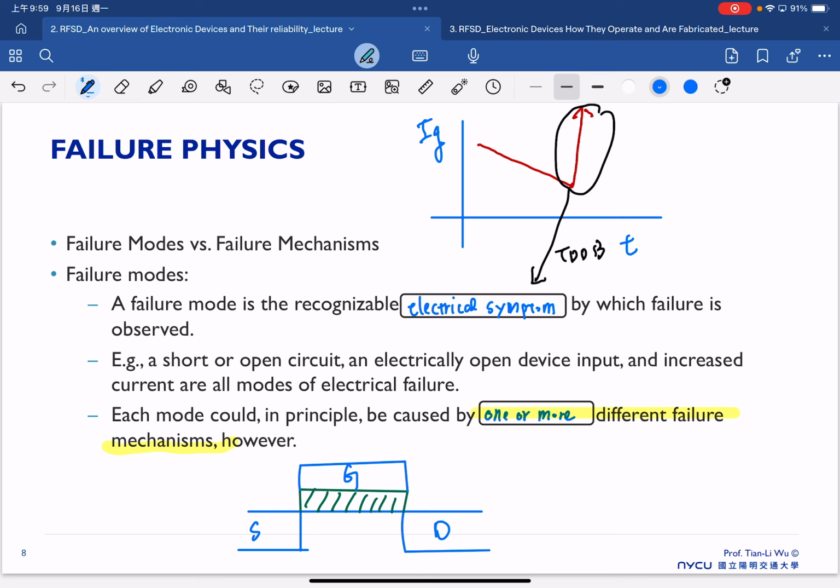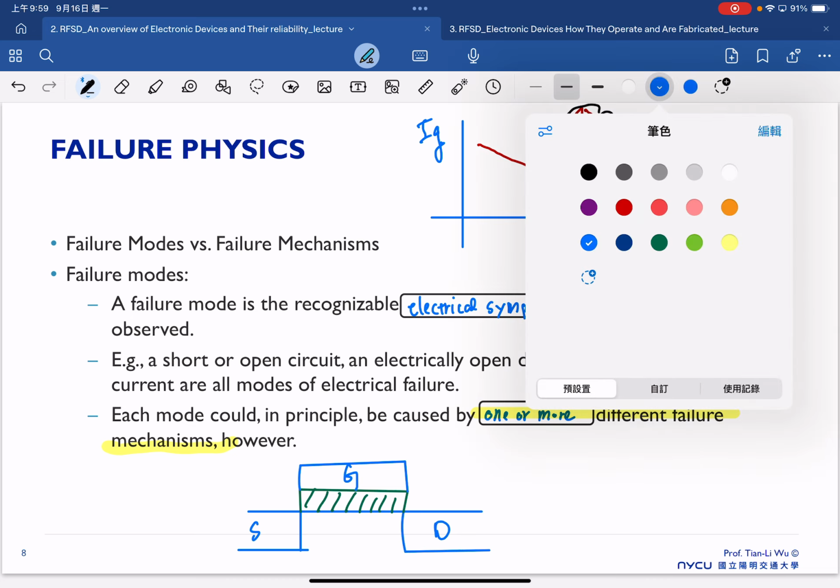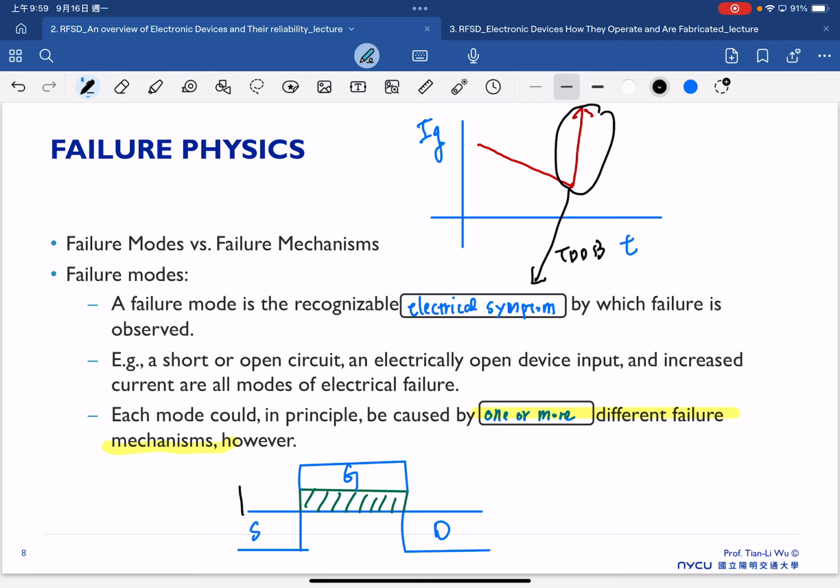This is a typical front-end schematic which only considers the gate, source and drain, but in reality we also need to have the interconnection lines to connect the signal.